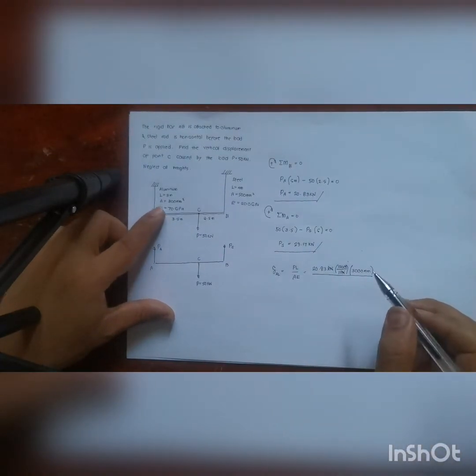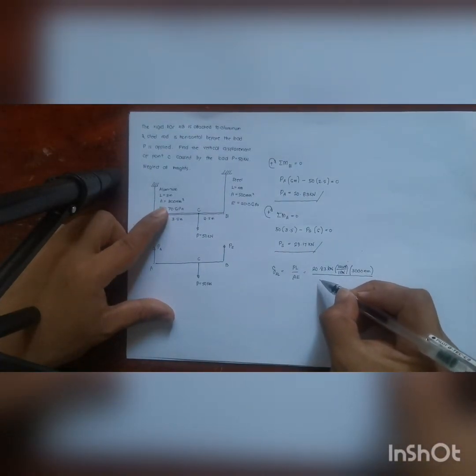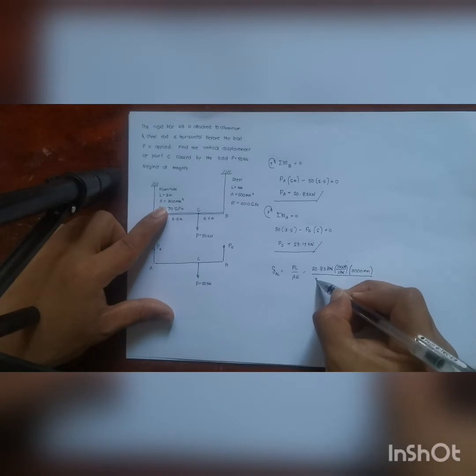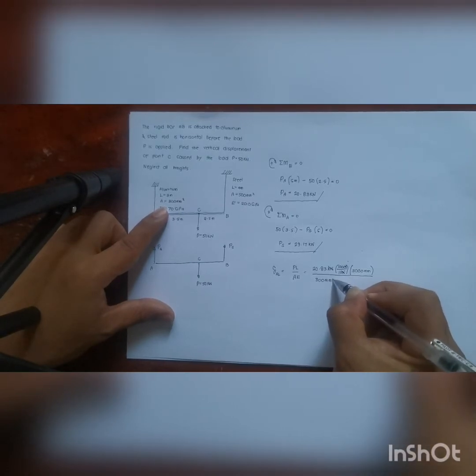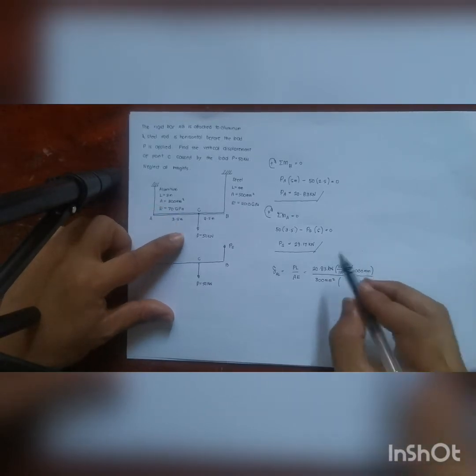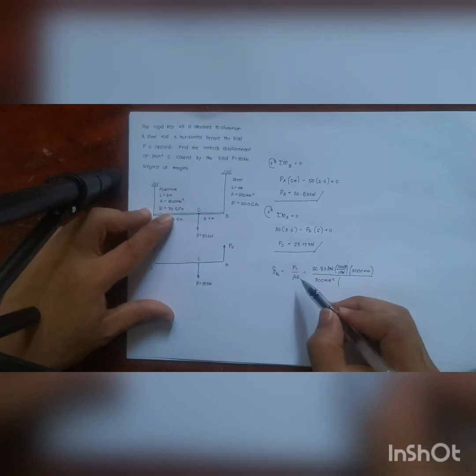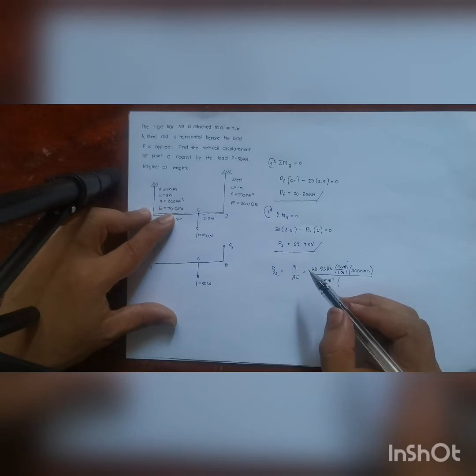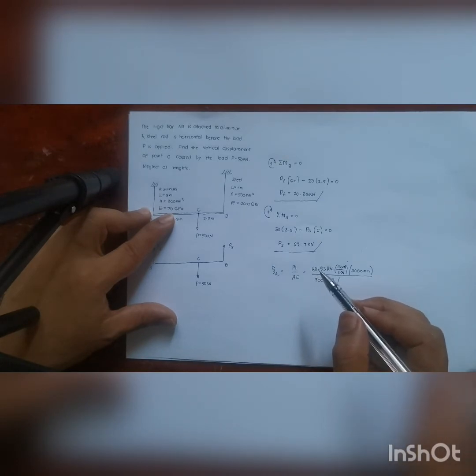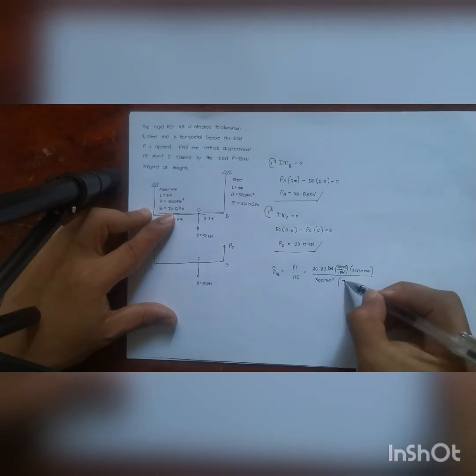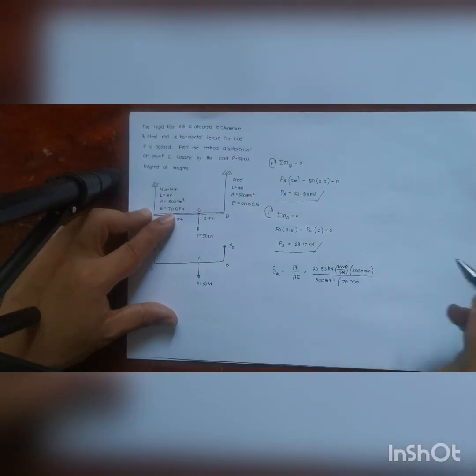Over the area. Area is 300 square millimeters multiplied by the modulus of elasticity, 70 gigapascal. Ang 70 gigapascal po ay 70,000 megapascal. So that will be 70,000 megapascal.